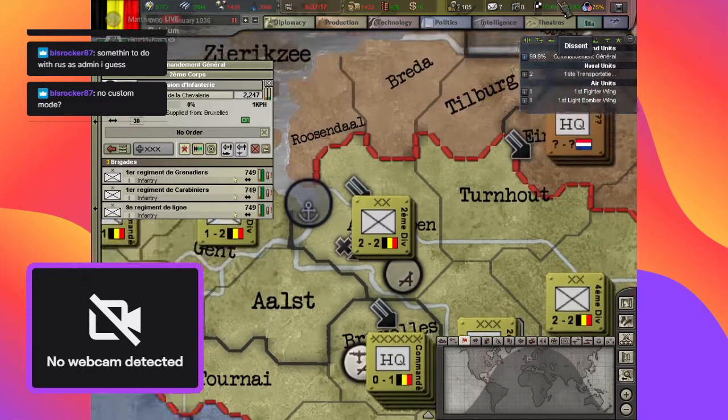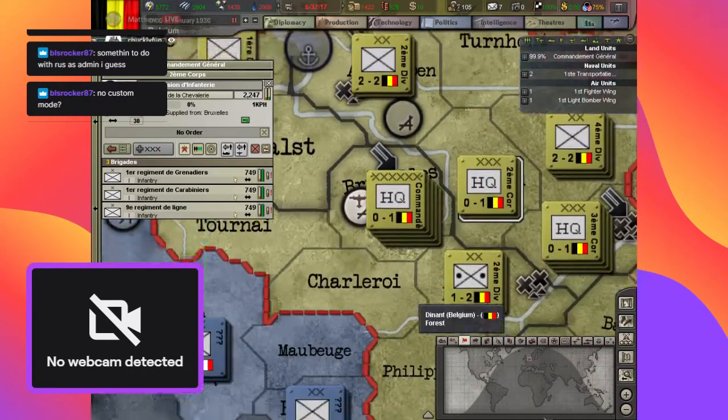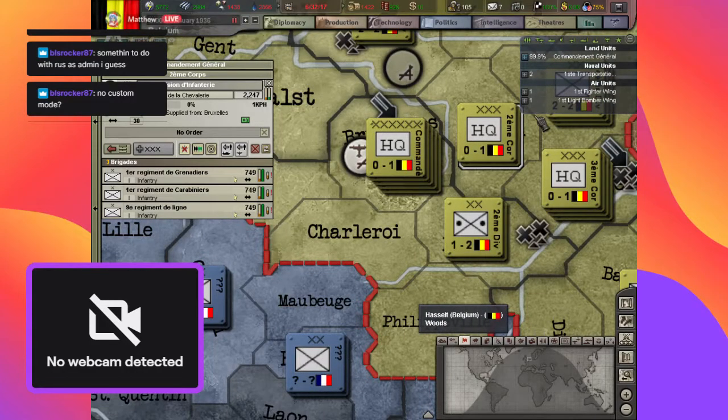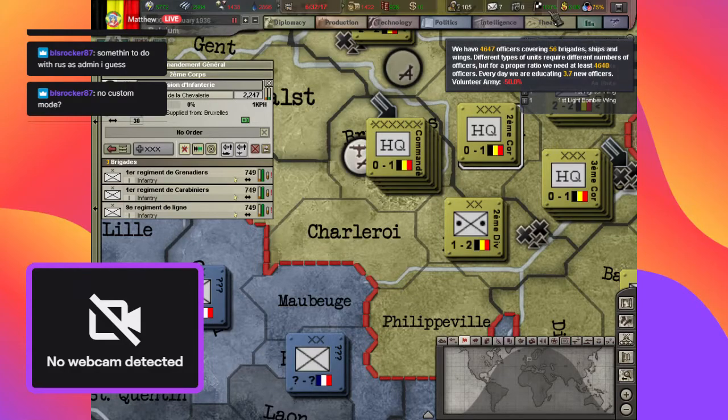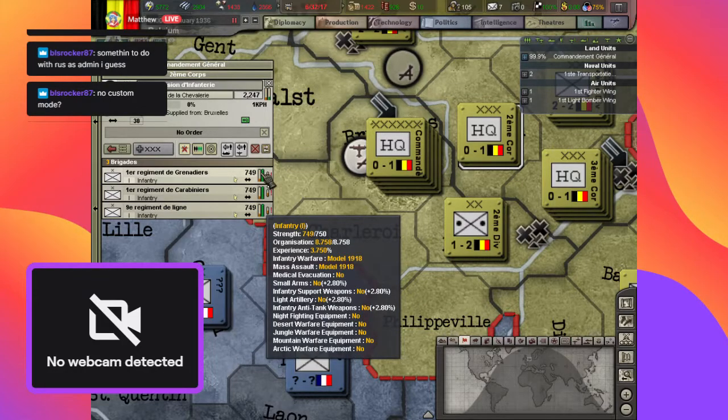Okay, so it's probably some overlay or some issue, because on my end I can see it. There's a flag and there's 100%. That basically means that my organization is 100%, but you can go up to 140% in the finest hour.